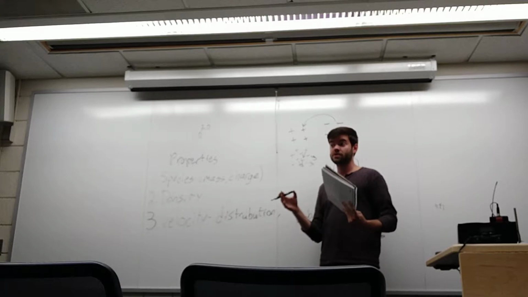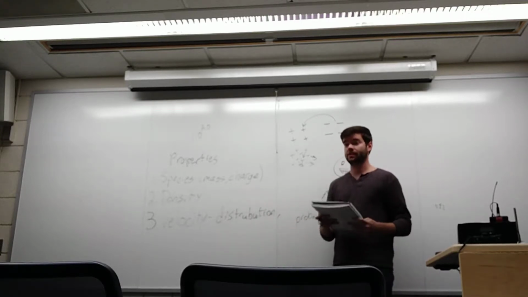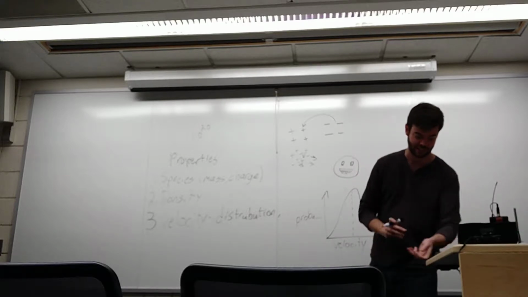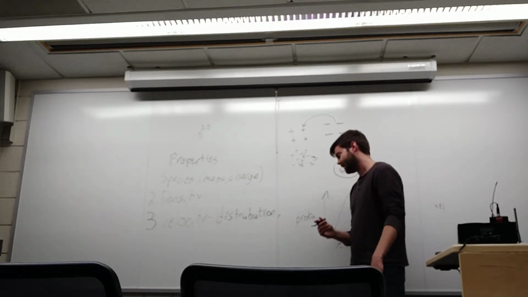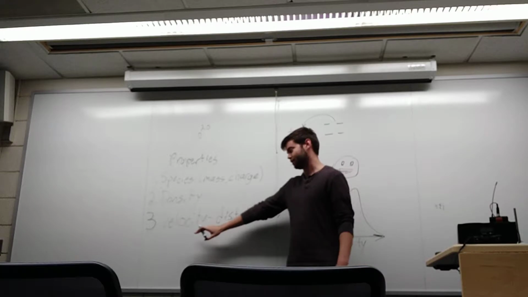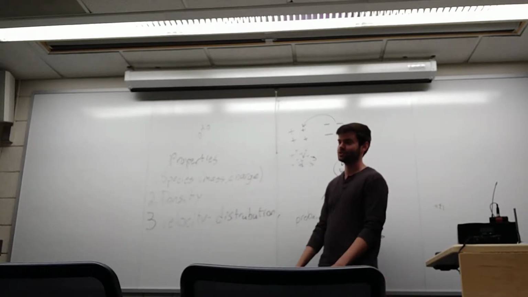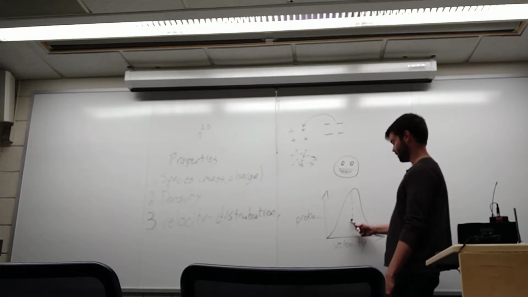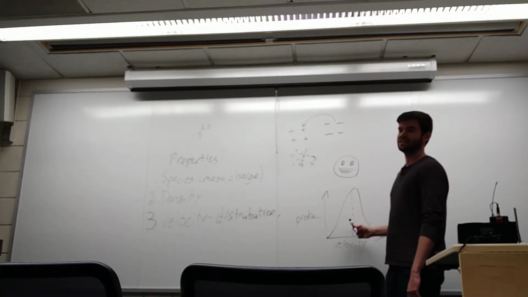For those, you can assign a temperature, and that's basically where temperature comes from. When you hear it's 50 degrees outside, it's based on a Maxwellian distribution function, and there's some temperature associated with it.